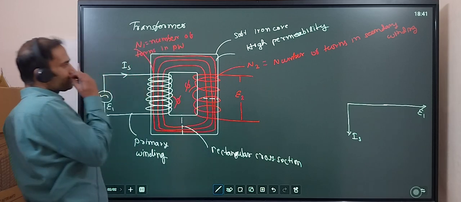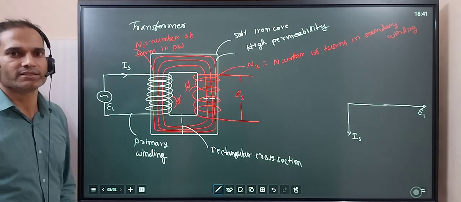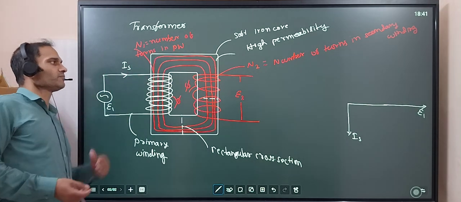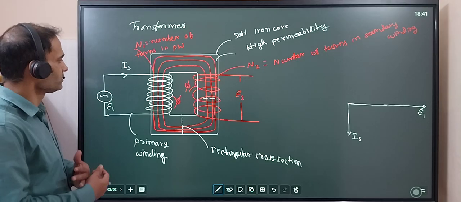Clearly you can see that the number of turns in the primary winding is more than the number of turns in the secondary winding.